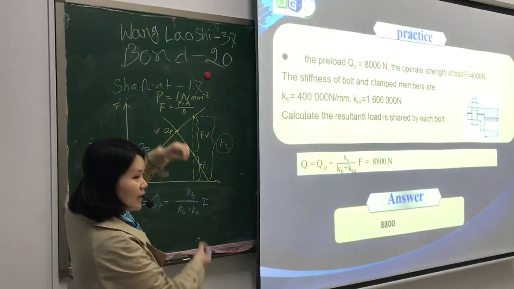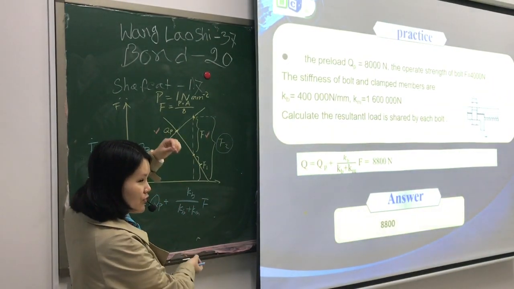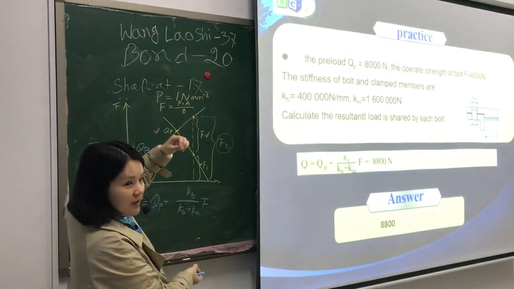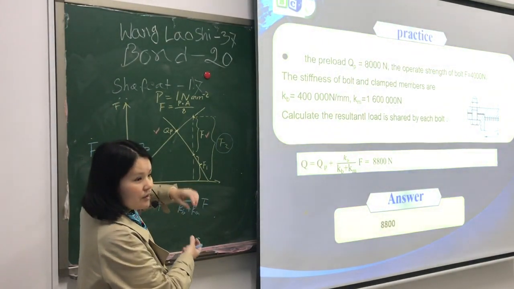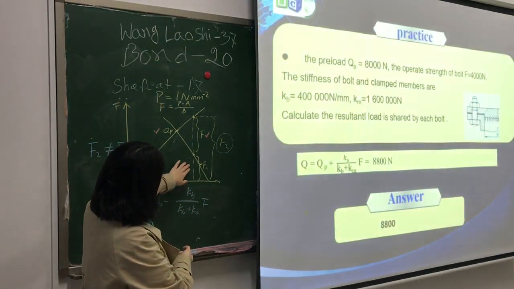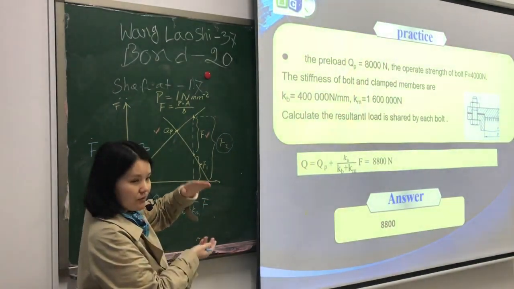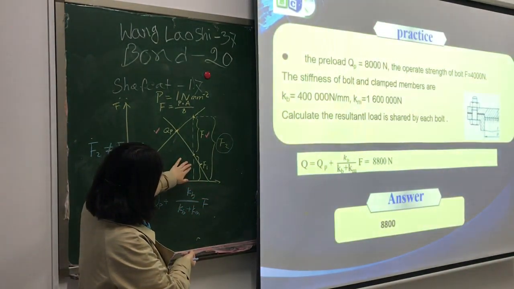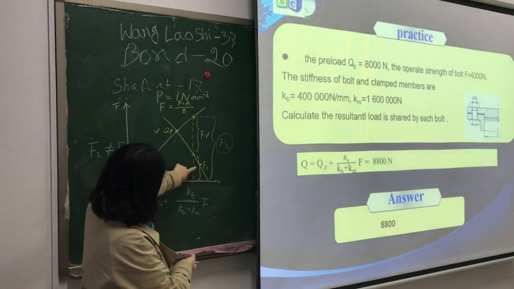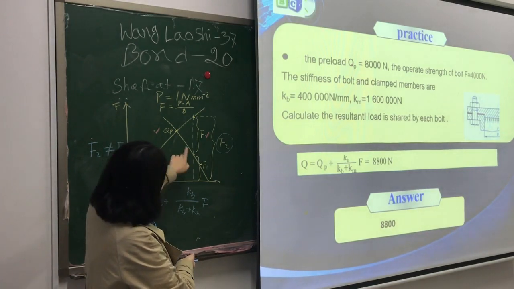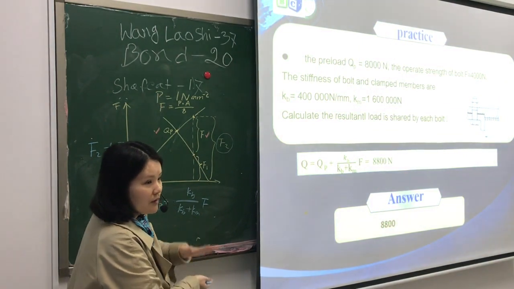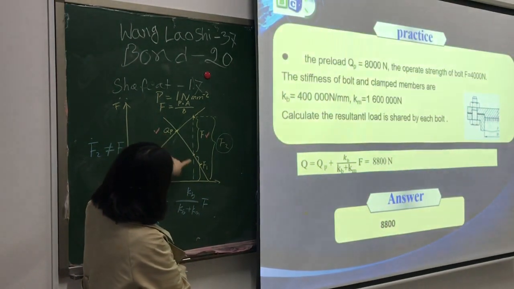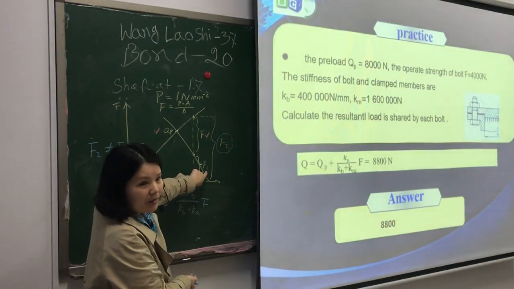Under the axial force, the bolt is stretched, but the members are released, and the force of the members will decrease from QP to F1.